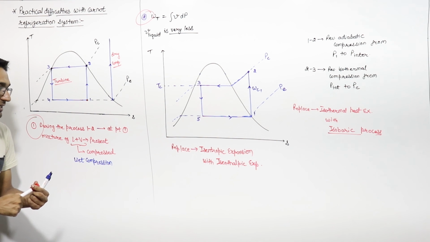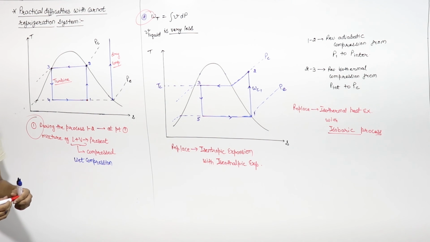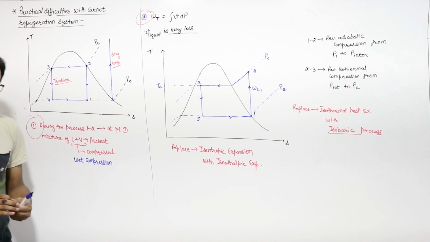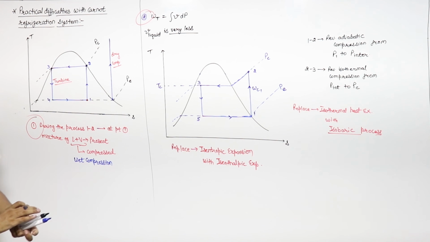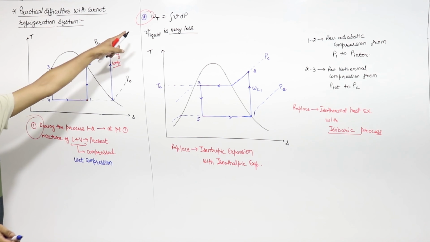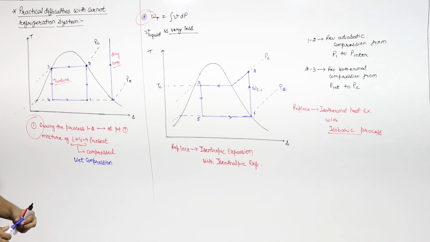If you replace this isentropic expansion with an isenthalpic, constant enthalpy process, then we can overcome this limitation of the WT, right?